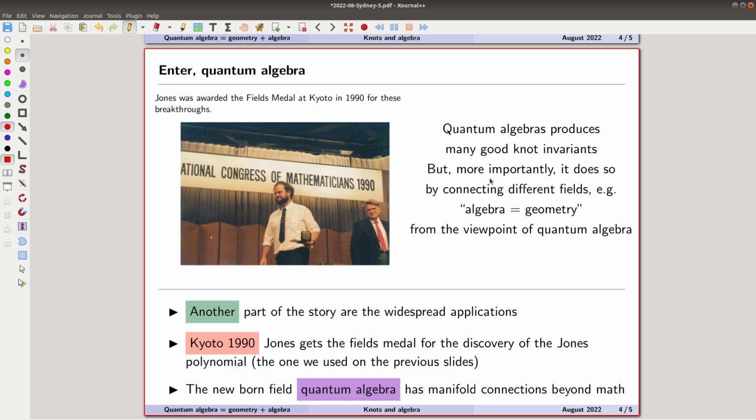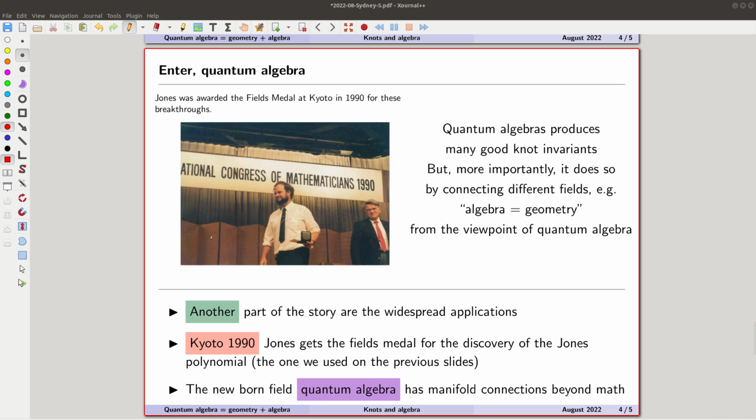Then the Fields Medal was awarded to Vaughan Jones for basically discovering the story I just told you. The point is that algebra and geometry are kind of the same under this identification of quantum algebra, and you get really cool new ideas into algebra by using geometry.